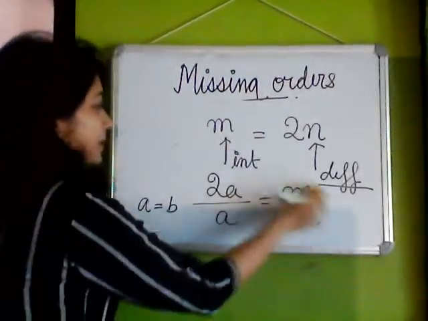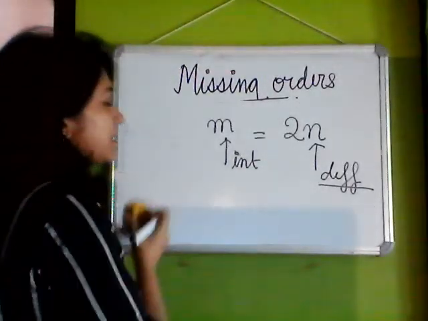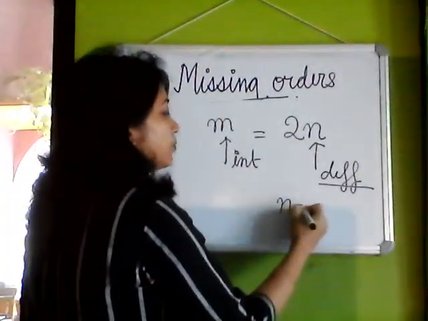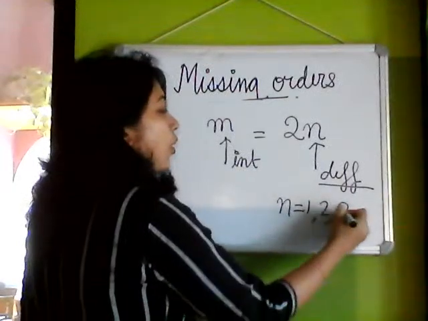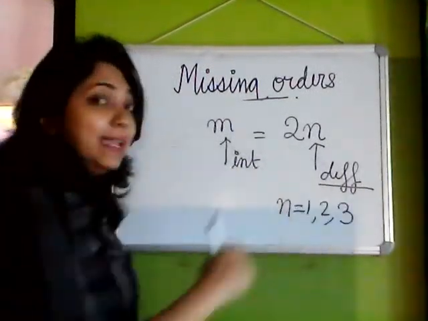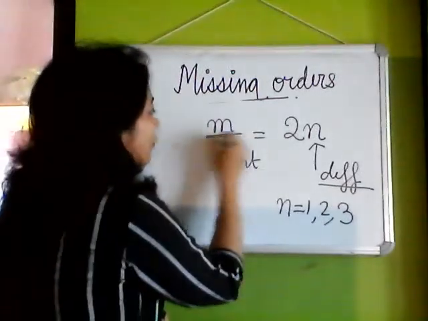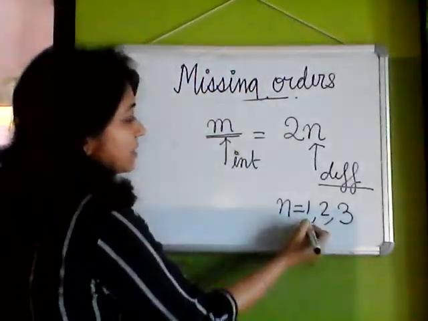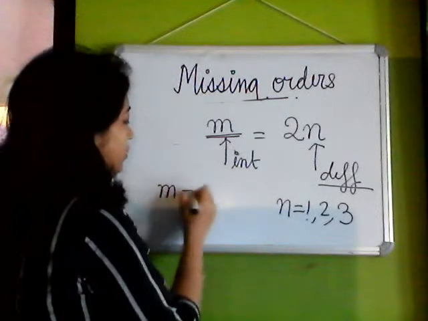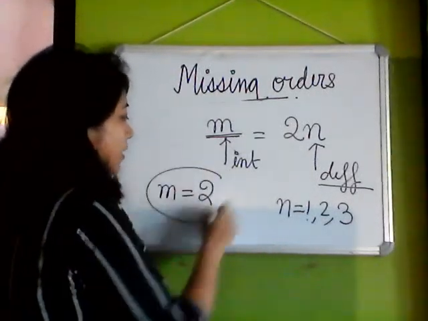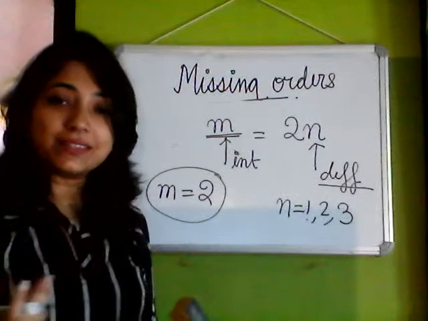So what will happen when I consider the value of n equal to 1 or 2 or 3? These are all my diffraction minimas. Whereas this m over here, so in this case when n is equal to 1, m is equal to 2, this order will be absent.